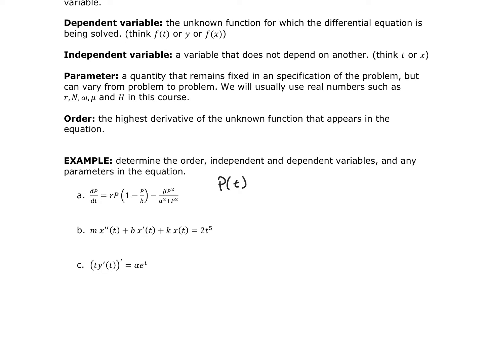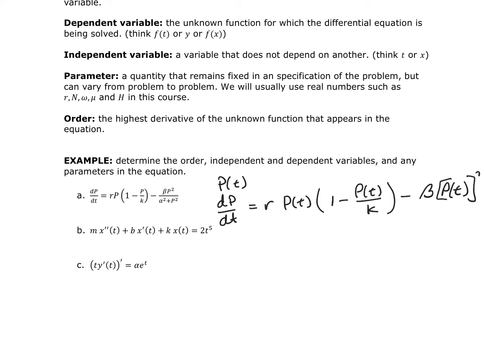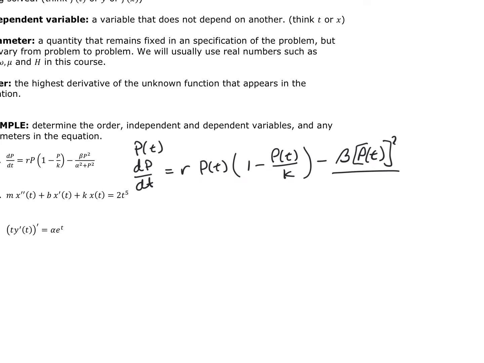We could write this as d of p with respect to t is equal to r of p of t multiplied by 1 minus p of t divided by k, minus beta p of t, the quantity squared, and in the denominator, alpha squared plus p of t, the quantity squared.